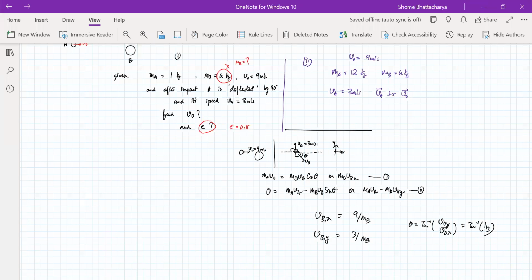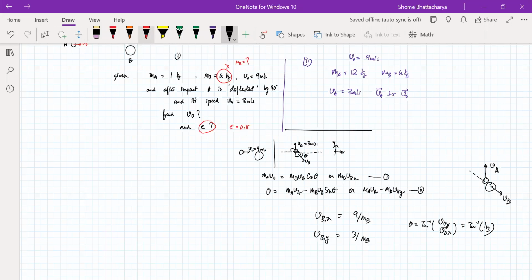Now what will be my separation velocity? In this diagram, you can understand that B's final velocity is only along the center to center line. So basically, if A is going off like this, and we have this angle here as theta, that means this angle is 90 minus theta.